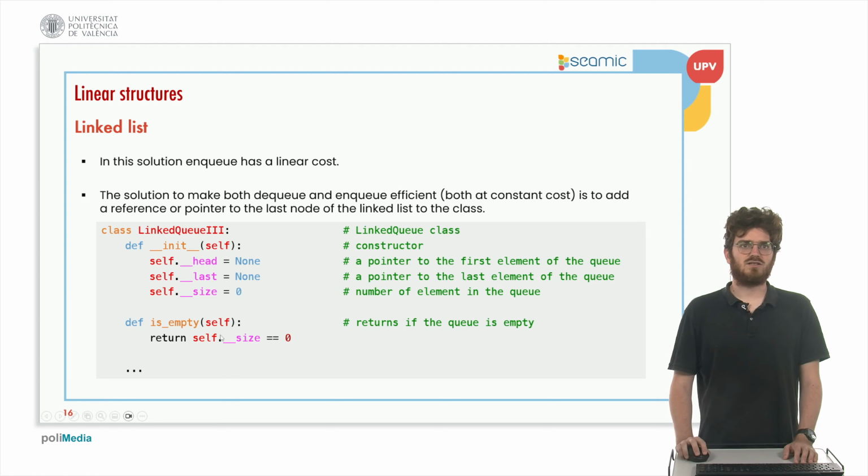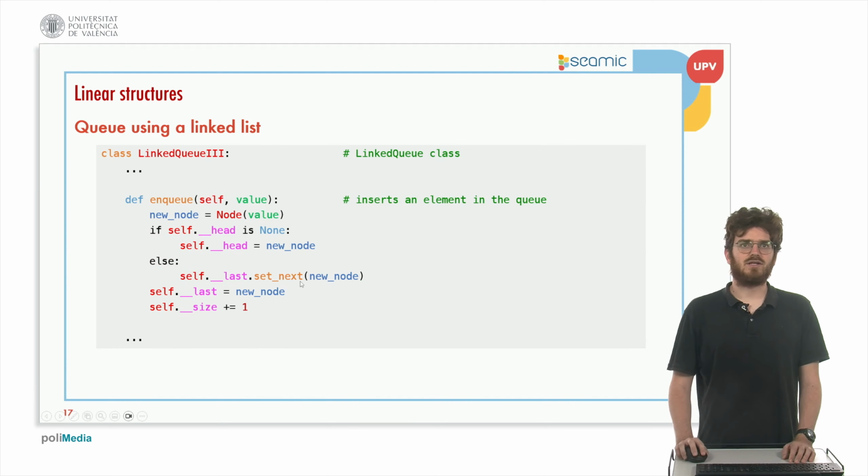The isEmpty check is now much easier, as we just check the size of the class and compare it against 0. If we want to add a new element, it is very simple, as we can access the head and we can add new elements to the queue. If it's empty, we just create a new node and add it to the head.